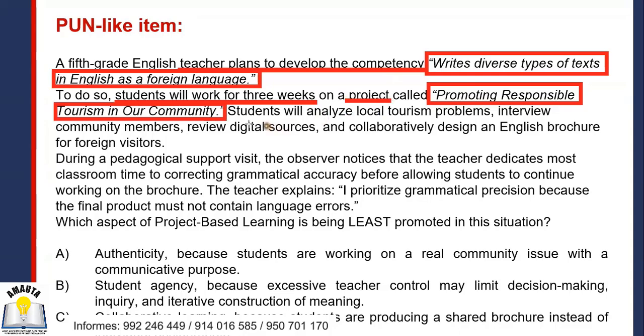Extended project. Students will analyze local tourist problems, the problem-solving focus, right? They should analyze these problems, interview community members. All right, here we have, for example, the inquiry element: asking questions, interviewing members, gathering data to make the best decisions, right?